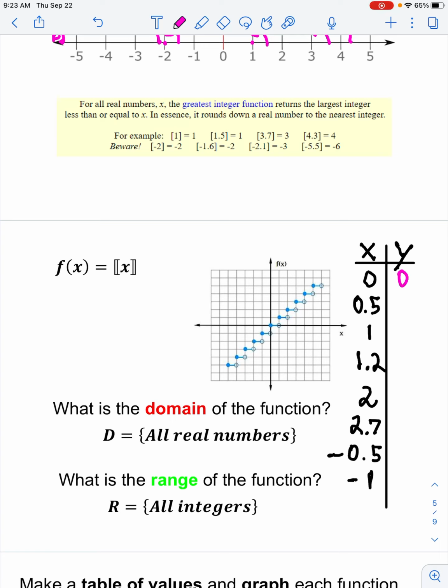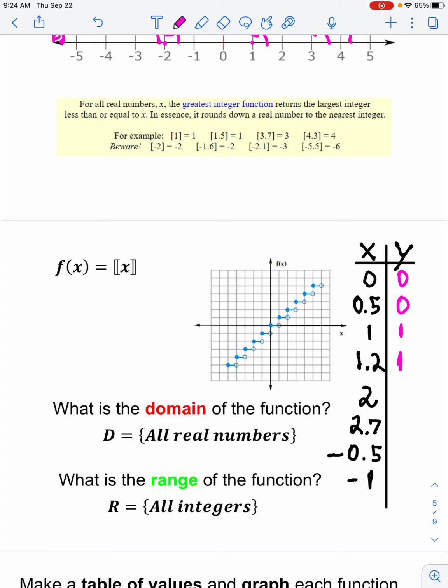At 0.5, the greatest integer less than or equal to 0.5 would also be 0. When I evaluate the next integer of 1, the greatest integer less than or equal to 1 is 1. If I enter 1.2, it will also evaluate as 1 because that's the integer that's to the left and the largest integer less than or equal to 1.2.